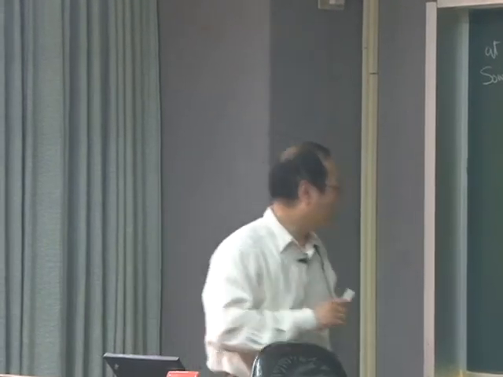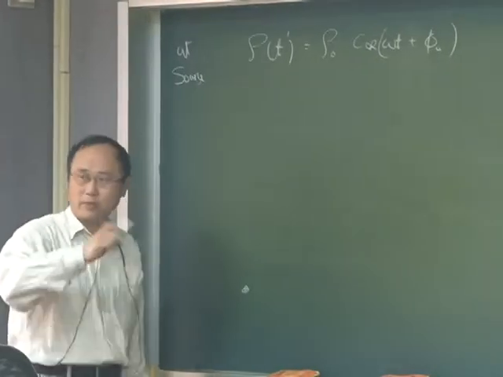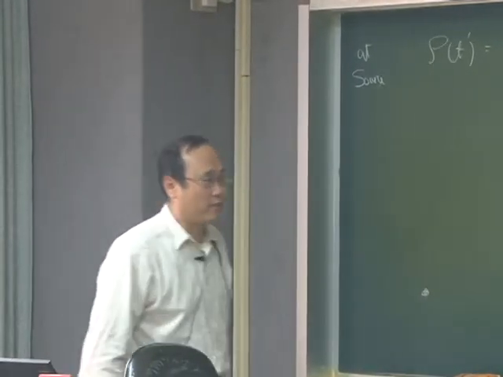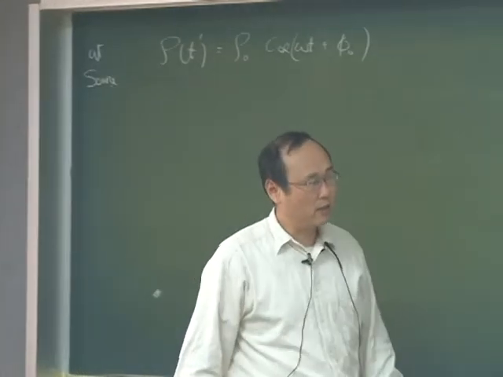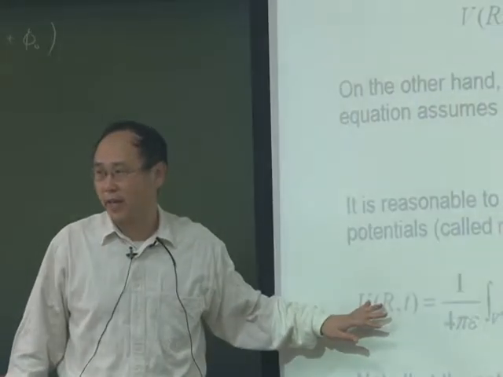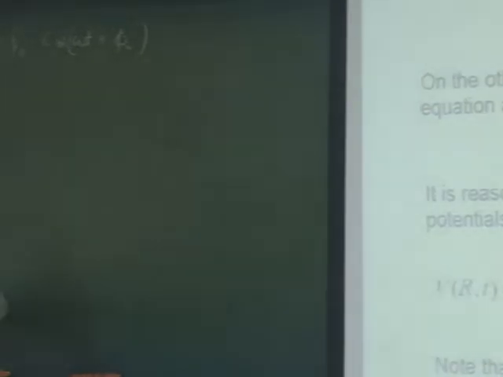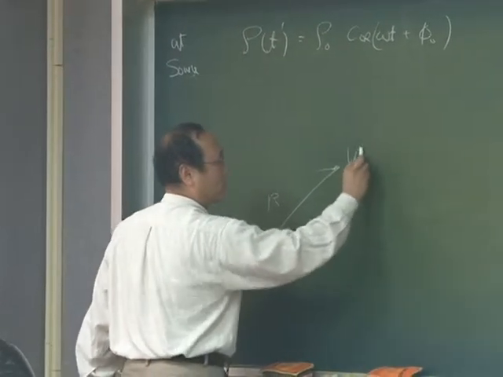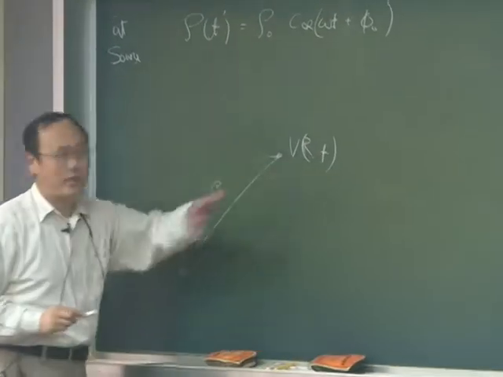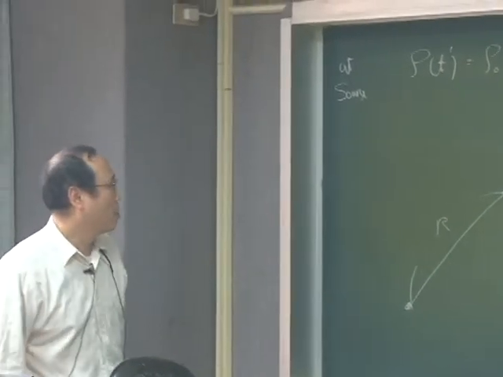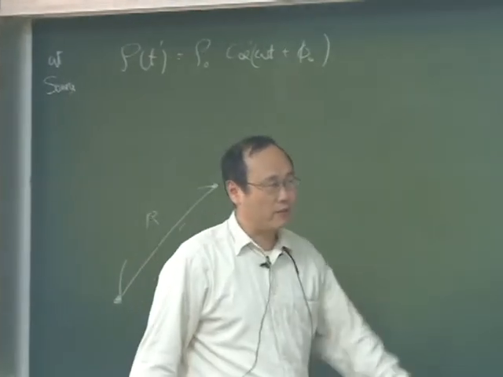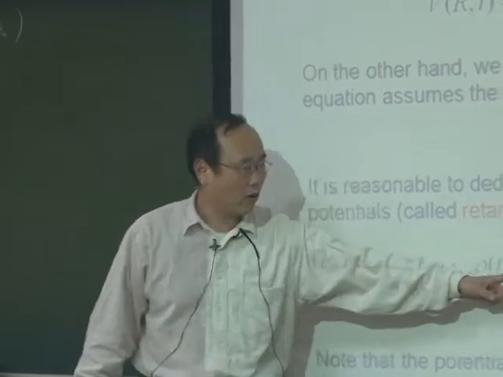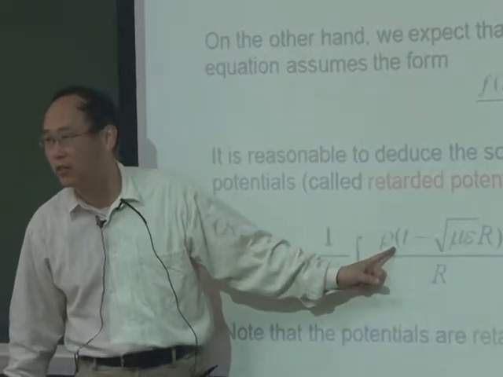So at your source, you have some charge oscillating like this, and then you want to find the corresponding expression for your potential at a location R. You want to find this expression.